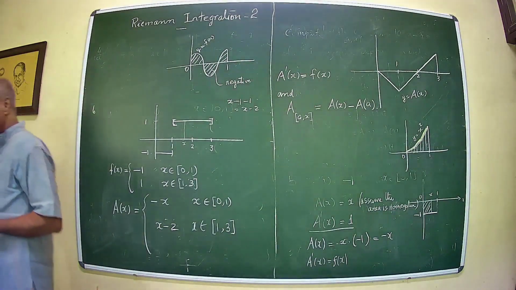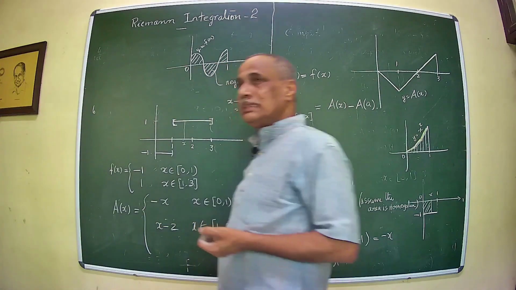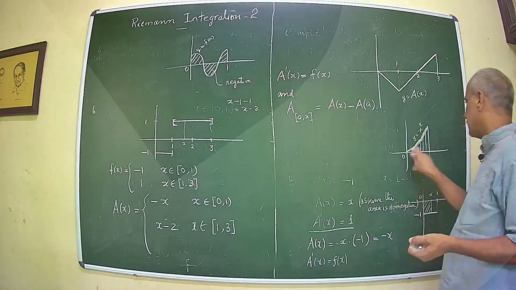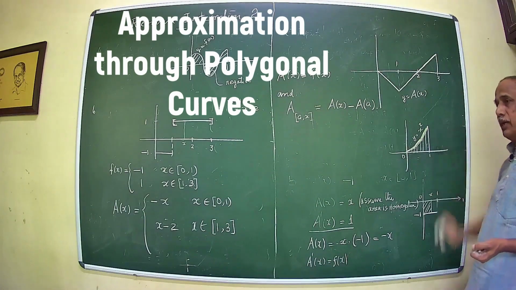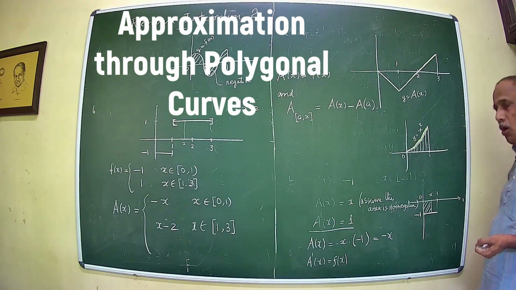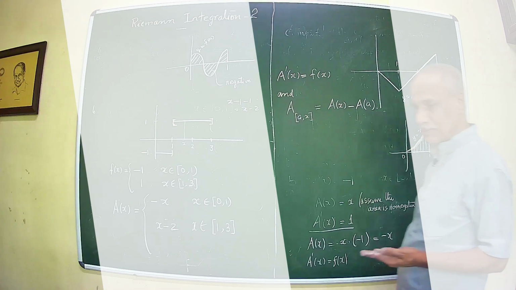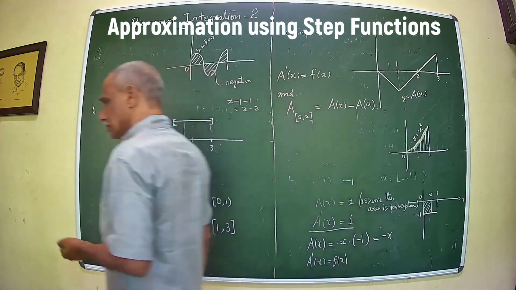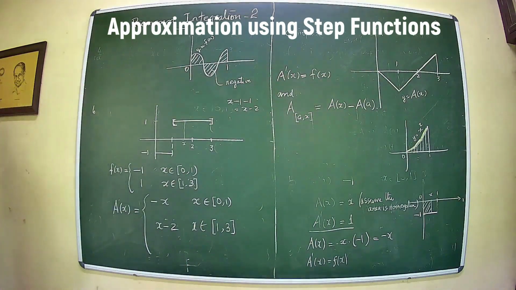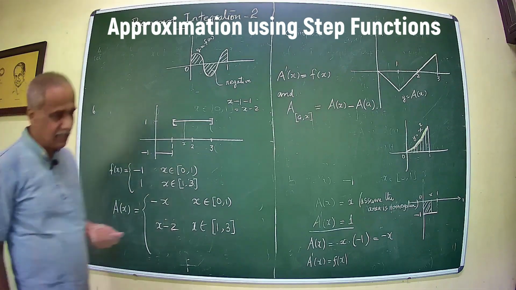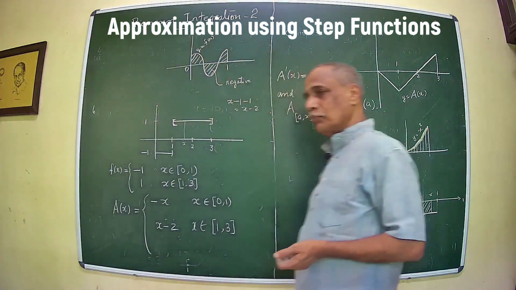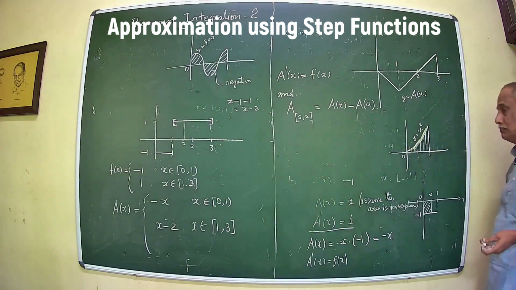So the process is to get a sequence of approximations through polygonal curves or even using step functions. Now we will decide which is better. Step functions are easy to calculate, because with polygonal curves, again the triangles will come and give you some problem.